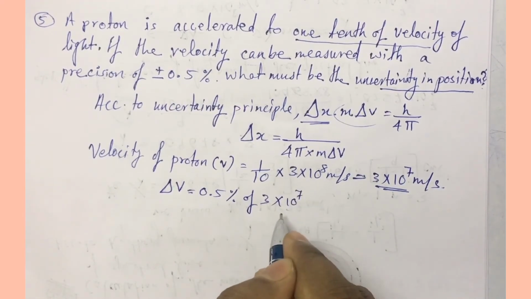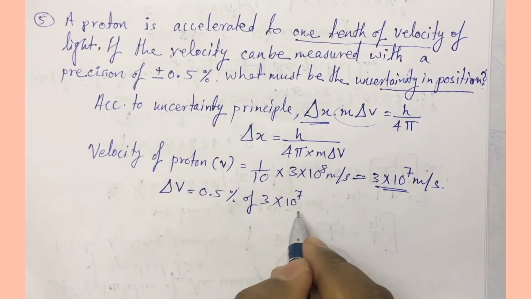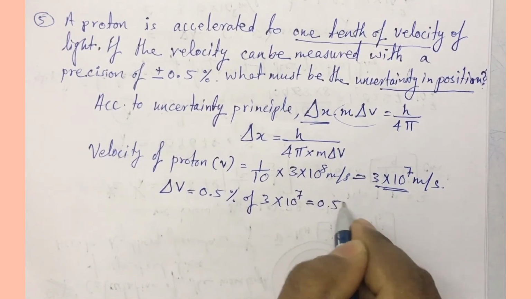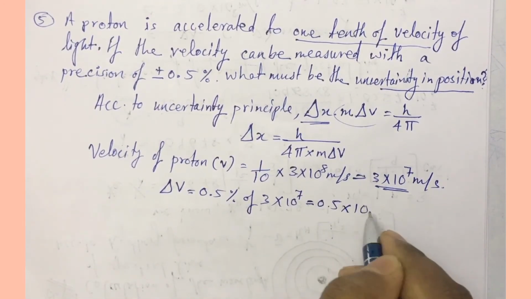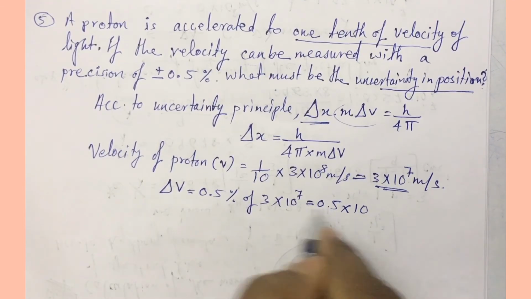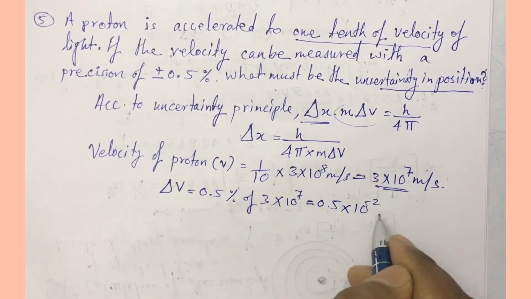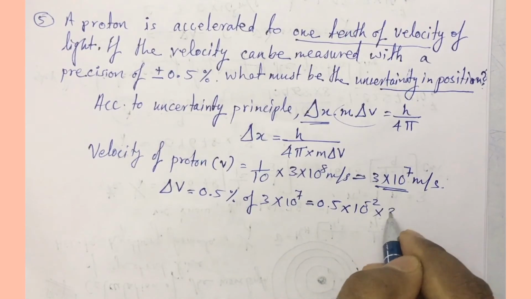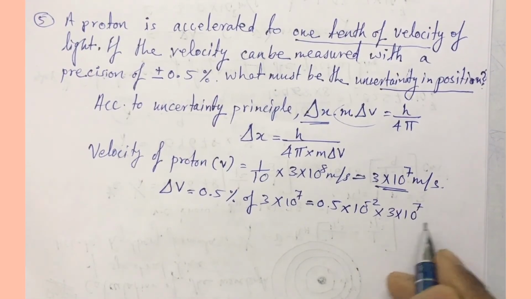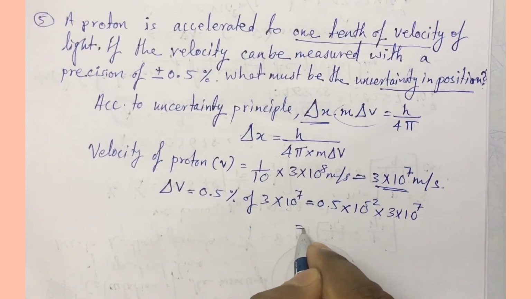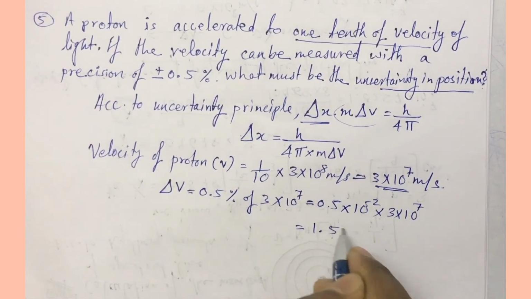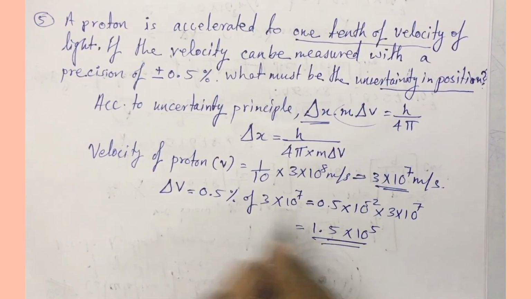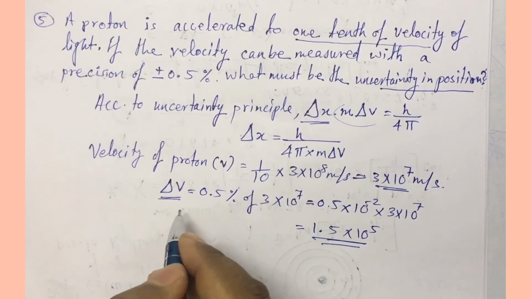Okay, of means multiplication, so we can write 0.5 into 10 raised to minus 2, or you can put it under 100, into 3 into 10 raised to 7. So here it comes around 1.5 into 10 raised to 5. Okay children, so this is the change in velocity.